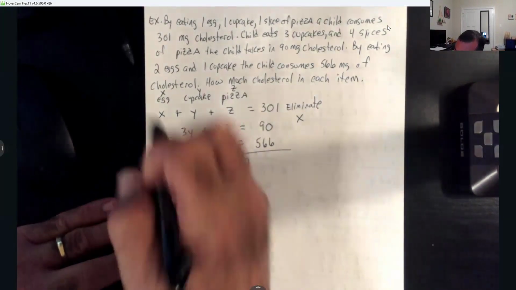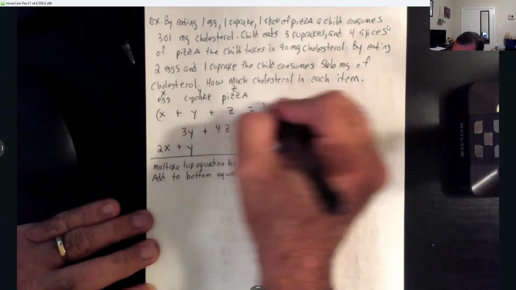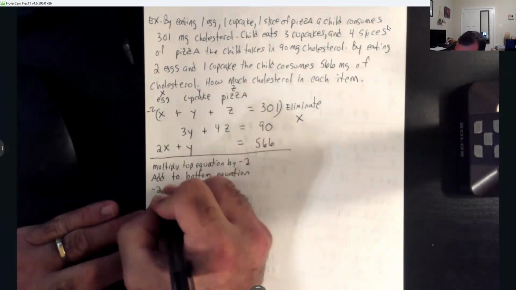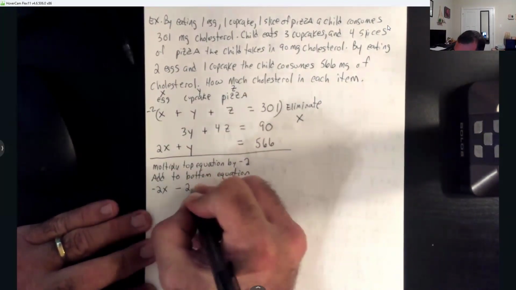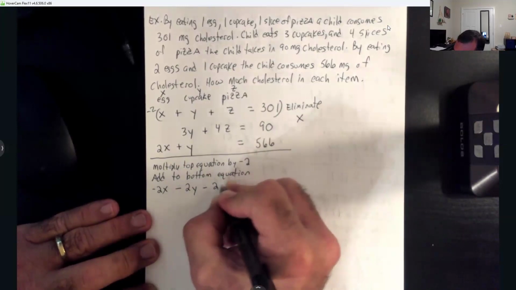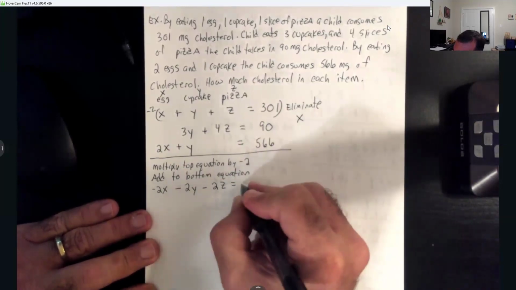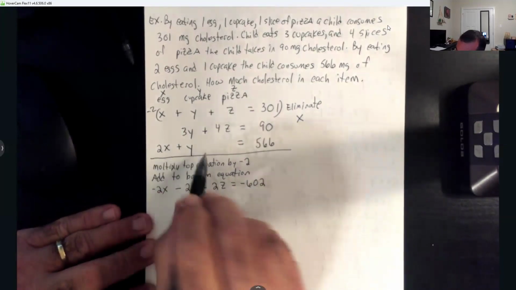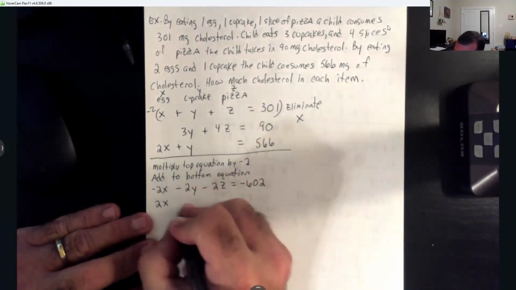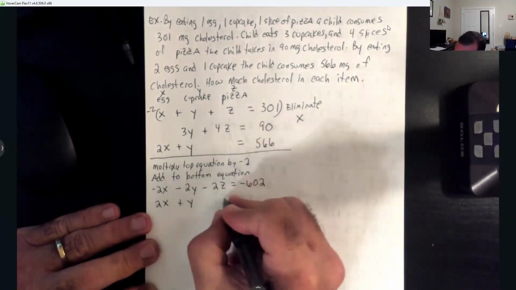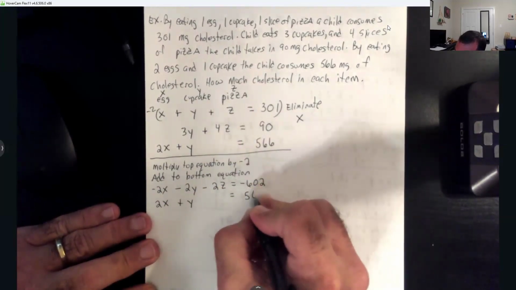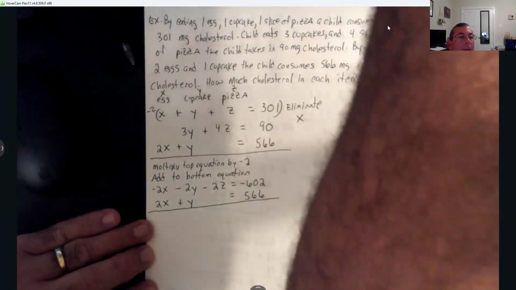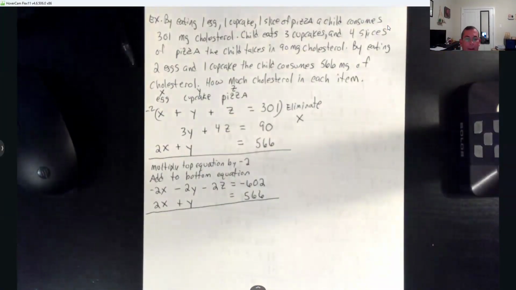All right, so if I multiply this by -2 up here, that's going to give me -2x minus 2y minus 2z. That's going to equal -602. Now my bottom equation was 2x plus a y equaled 566. All right, y'all, so let's see.